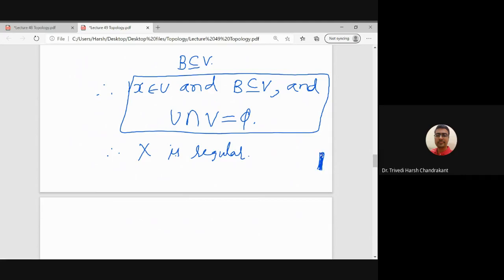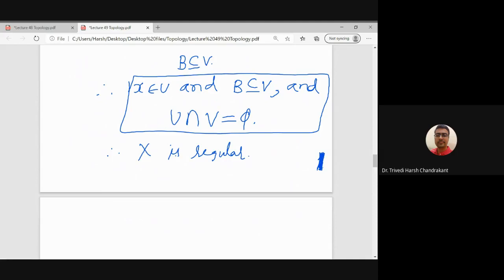So this is basically how we can generalize the definition of the Hausdorff space. We are getting that every regular space is Hausdorff and every normal space is regular.